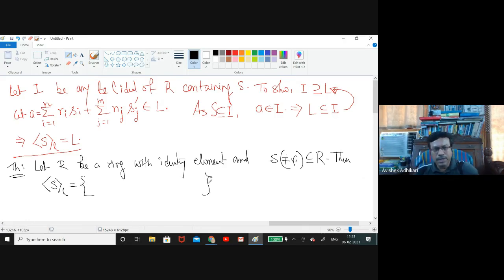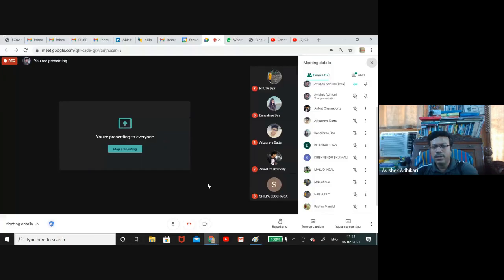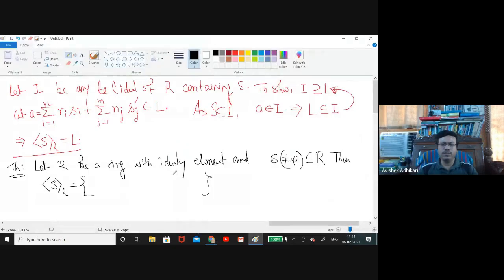Okay, now tell me, who should tell me? Bhaskar, can you tell me what should be the form of this? Remember in my earlier one, the form looks like this, right? Now tell me what should be the form of this if the ring is with 1. Bhaskar, are you there?